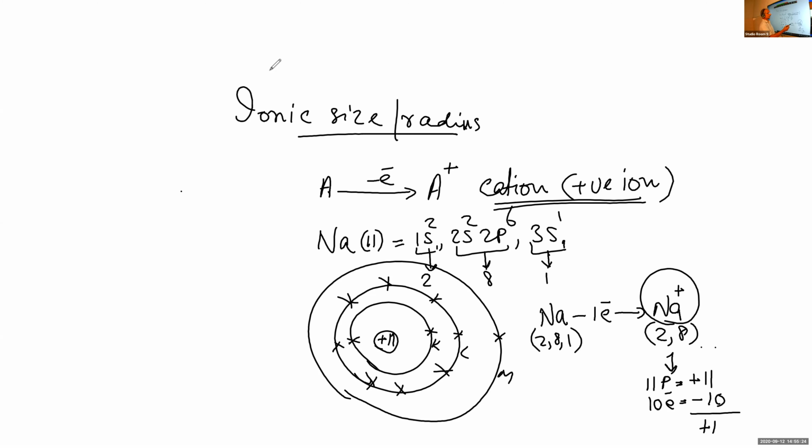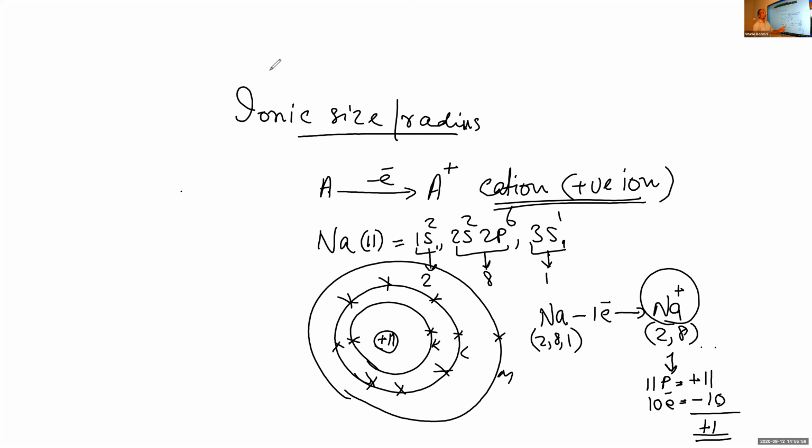For example, from a sodium atom, if 1 electron is removed, we get Na plus, and Na plus has only 10 electrons, but there are 11 protons in the nucleus. So the total positive charge of the nucleus is plus 11, and the negative charge due to 10 electrons is minus 10, and there will be a resultant positive charge for the ion. So Na plus ion is formed like this.